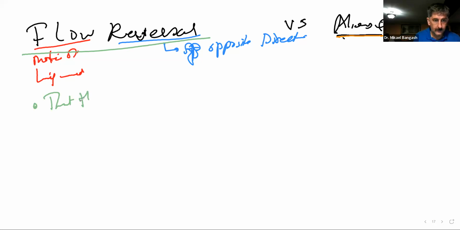That there are both positive and negative Doppler shifts in a single blood vessel.